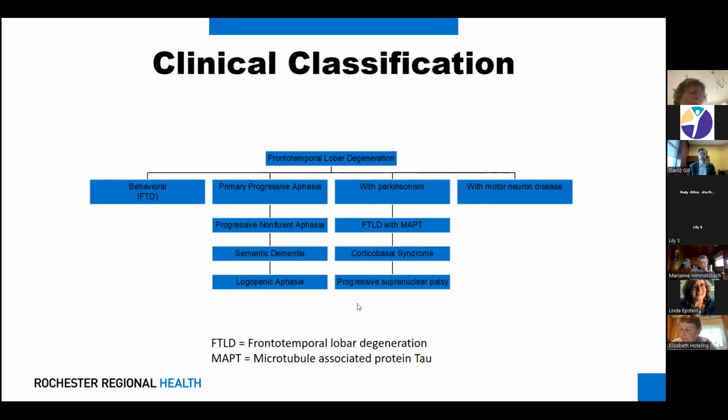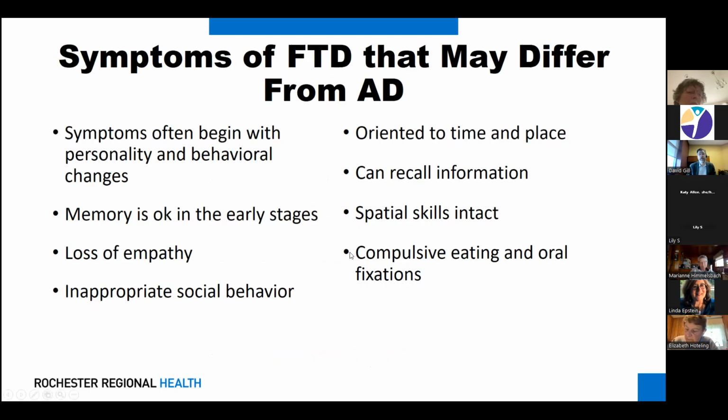It's also important because the symptoms, in particular of the behavioral presentation of frontotemporal dementia, can be very difficult to tell apart from Alzheimer's disease. There can be behavioral changes with frontotemporal dementia, which are not present in Alzheimer's disease. Their memory can be fairly normal. They can be very inappropriate in social situations and have no empathy.